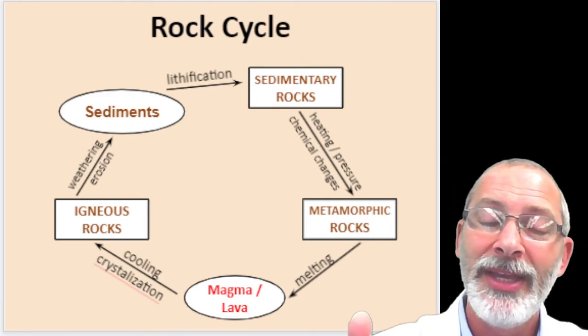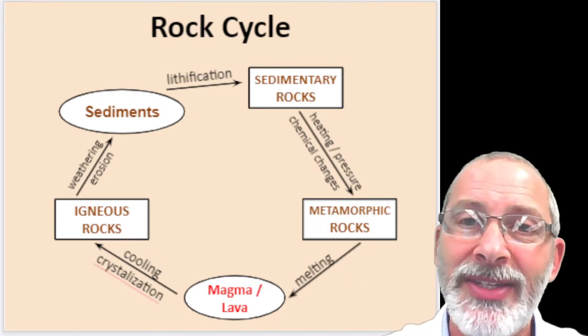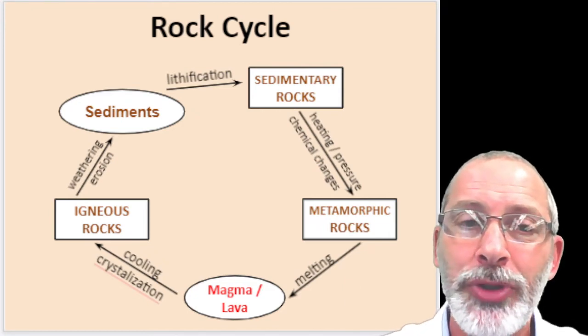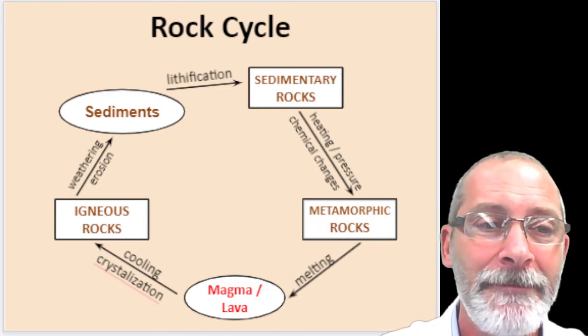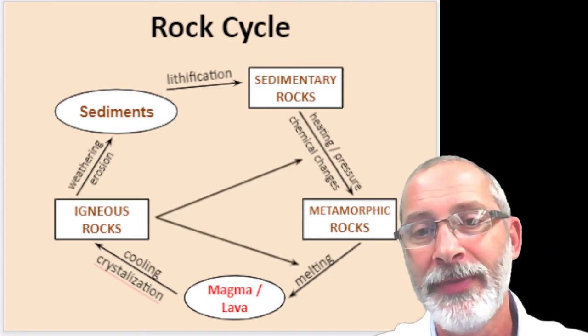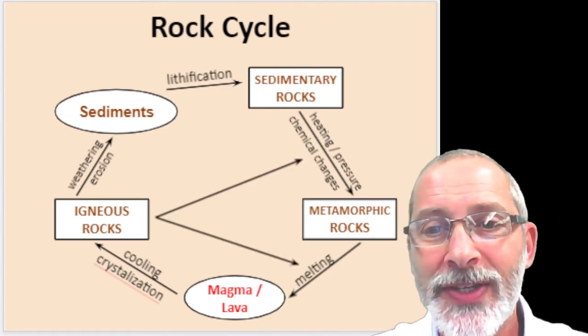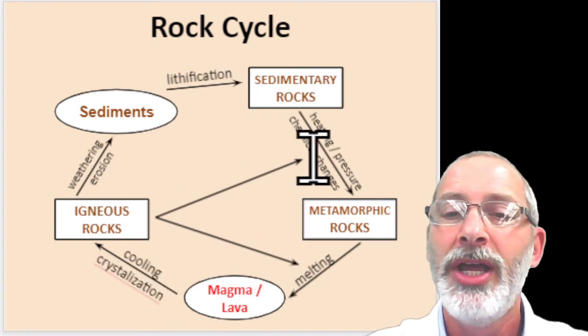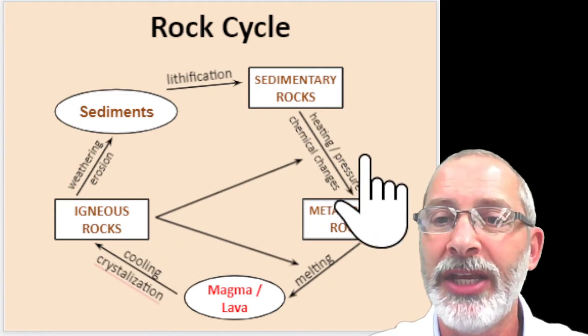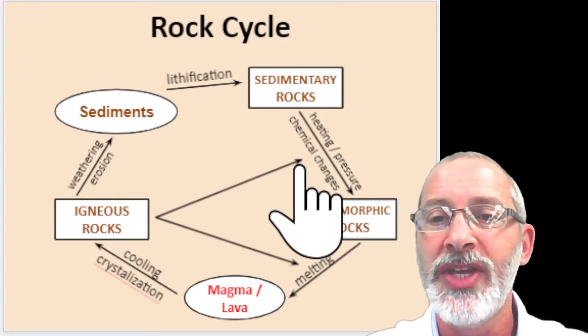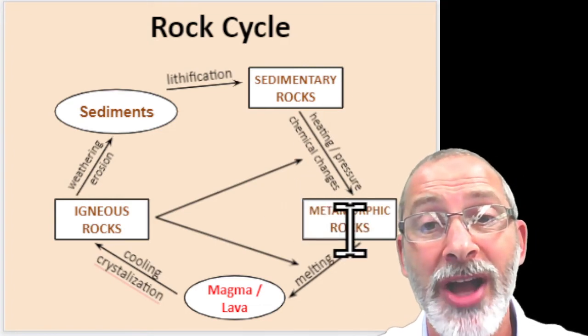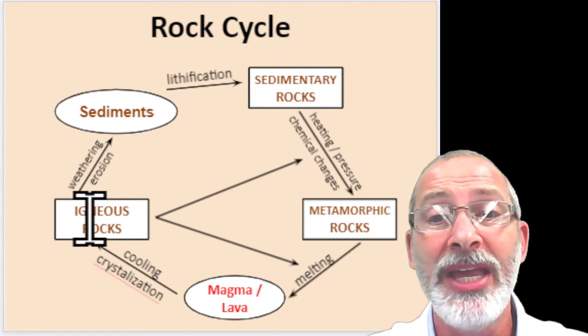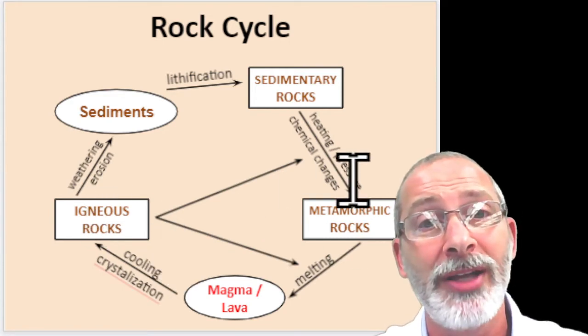Because it's not a straight line that exists from one rock group to another. Check it out. Think about this for a moment. Igneous rocks can also undergo dramatic changes of heating, pressure, and chemical changes and turn into metamorphic rocks themselves. So you can go from igneous rocks to metamorphic rocks.